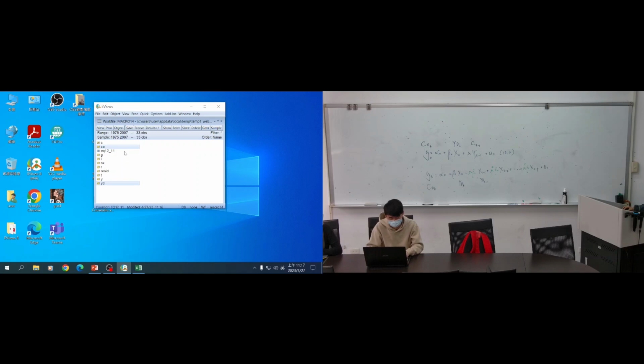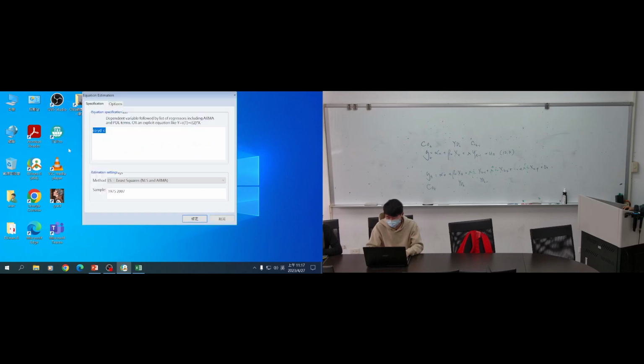As an equation, we have YD, the current YD, then YD left 1, YD left 2, YD left 3, YD left 4. Current YD and the lag 4.